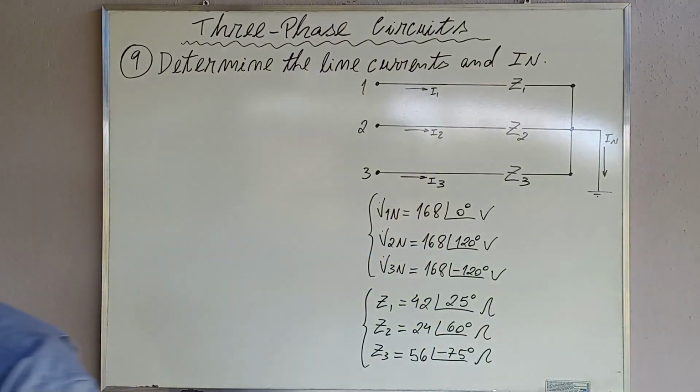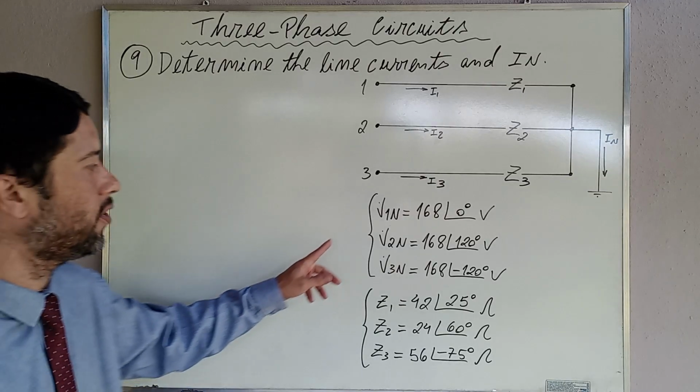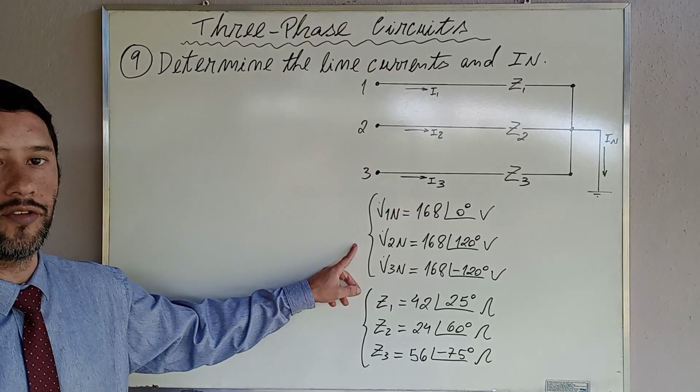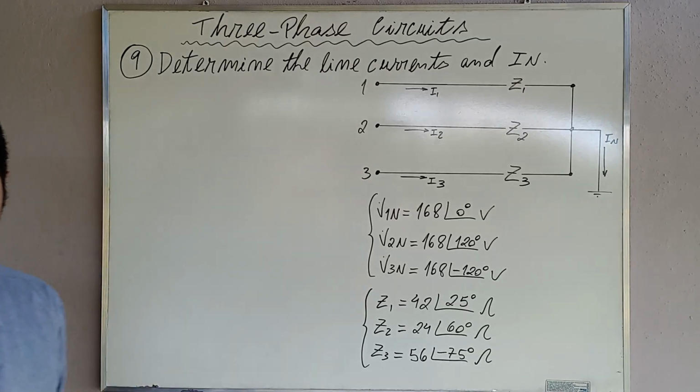Consider a symmetrical three-phase source with phase sequence ACB and phase voltage magnitude of 168 volts. The phase voltages are defined as this. These are the phase voltages. The source supplies an unbalanced Y-connected load with the following phase impedances.